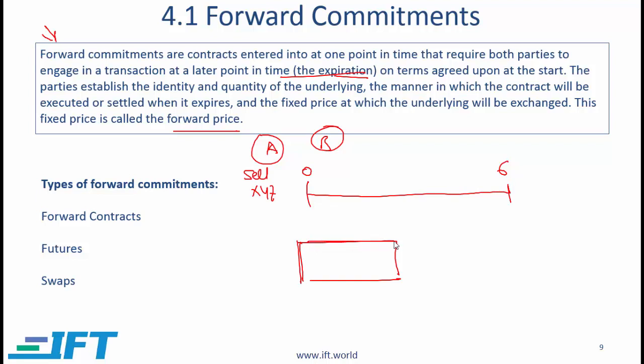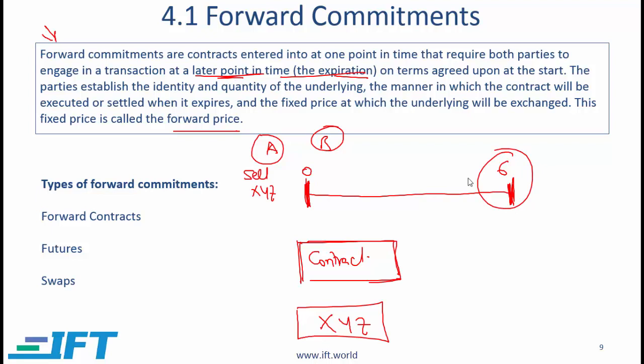That contract is a forward commitment because at time 0, both A and B are agreeing to do something in the future. Notice that they are agreeing on the underlying. The underlying is one stock of XYZ. The later point here is 6 months.